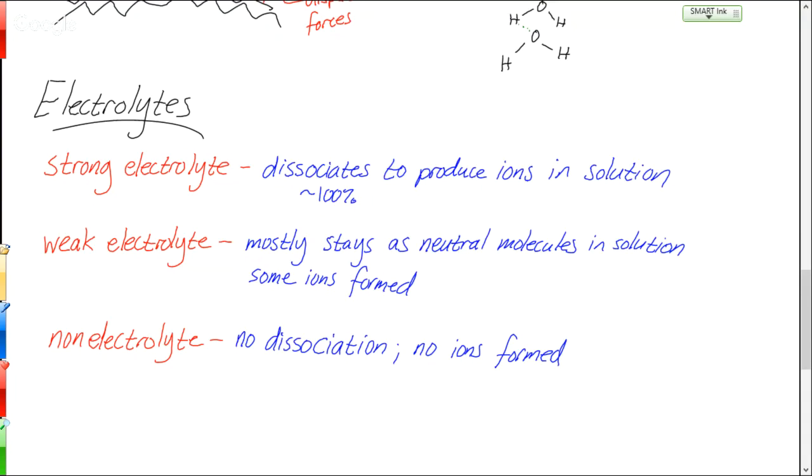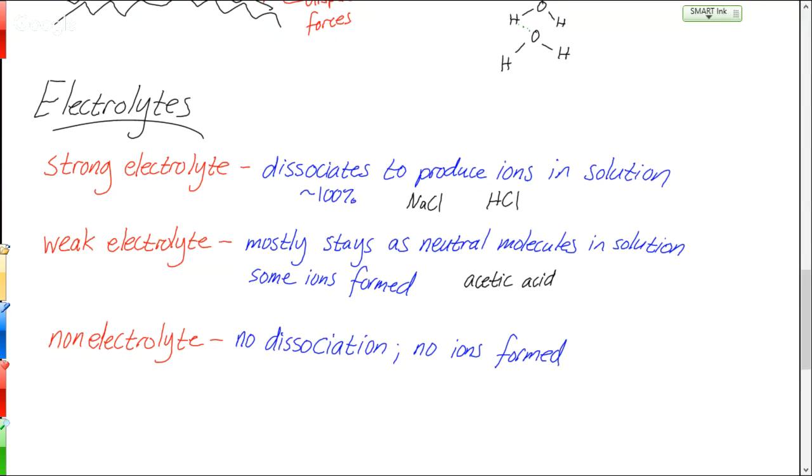So for examples, something like NaCl is a strong electrolyte. Also, strong acids like HCl dissociate, produce lots of ions in solution. A weak electrolyte mostly stays together, produces a little bit of ions. So something like acetic acid, vinegar.